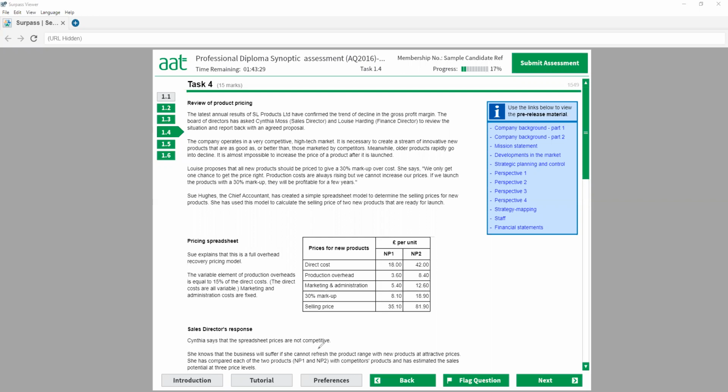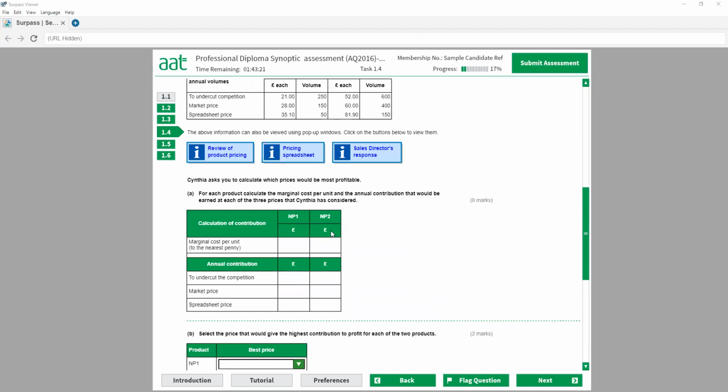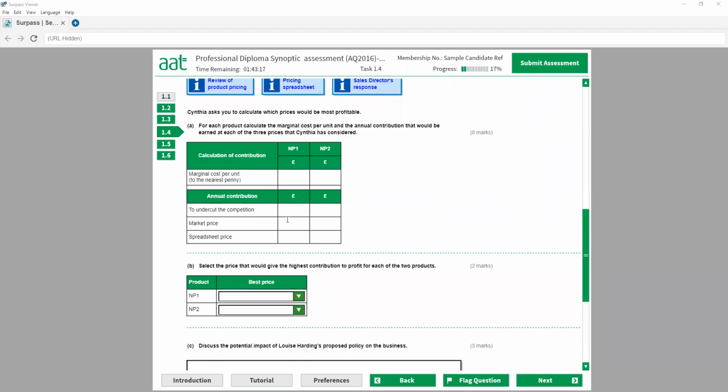As I said, before we start the question, we always read the requirement so that we understand exactly what the question is looking for. We can see this task 4 gives us a calculation question. They said for each of the products, calculate the marginal cost and annual contribution that would be earned at each of the three prices as Cynthia has considered.